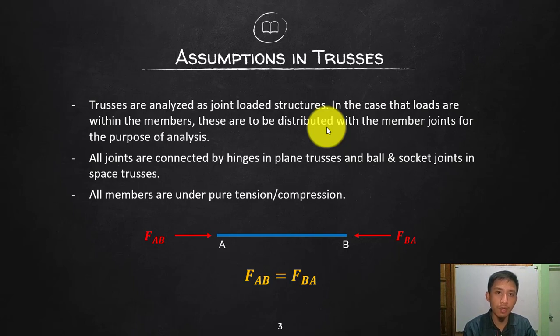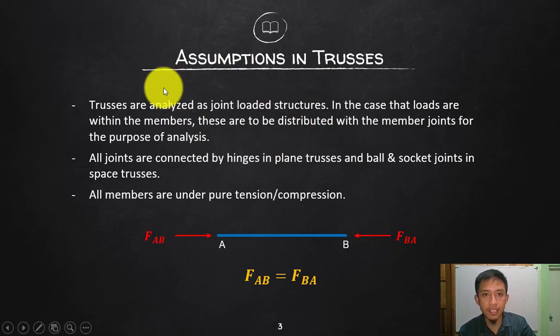What is in contact with the wind pressure, or what is being loaded by the wind pressure, is the area or the entire roof. So what do you expect if we apply this on the truss? That is of course loaded on the member itself. But since the analysis of a truss assumes loading only at the joints, we will transfer whatever load is within the member to the joints.